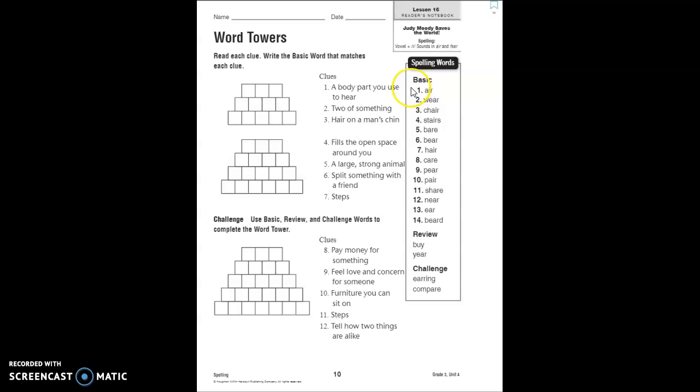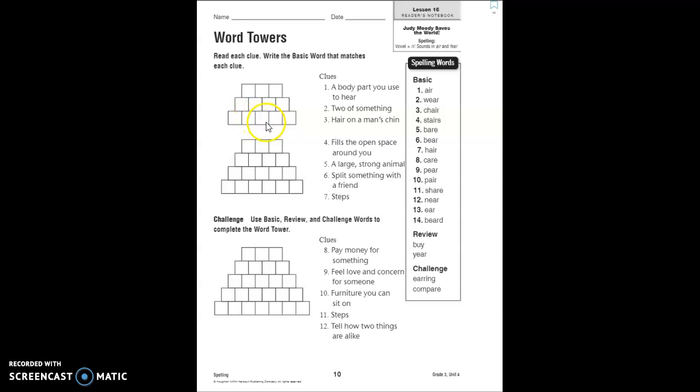Pick the correct one. Number 2 has 4 letters in it, and it says 2 of something. We just talked about that. What is that one? Okay, number 3, hair on a man's chin.